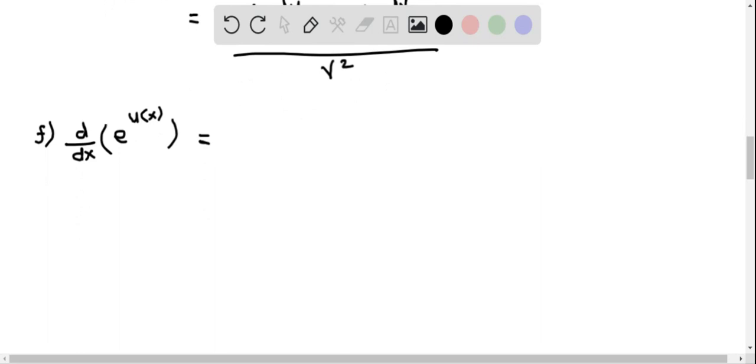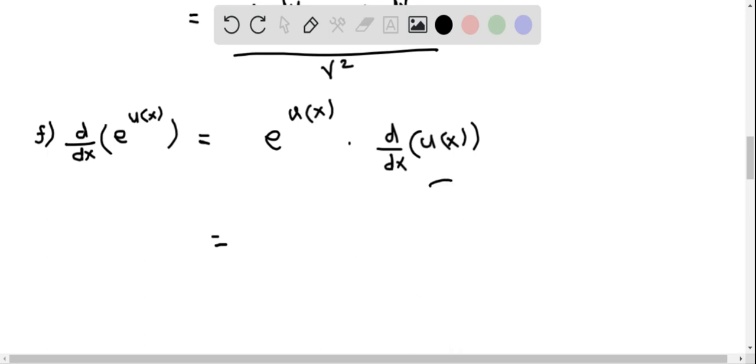Now let's do part F. So here we have to differentiate the exponential function. So basically differentiation of the exponential function will be the exponential function, that is e raised to the power of u of x. And then when we apply the chain rule, we have to differentiate u of x. So we write this as differentiation of u of x.